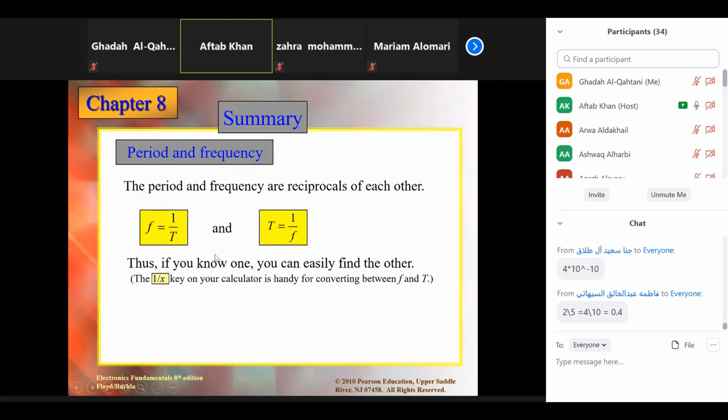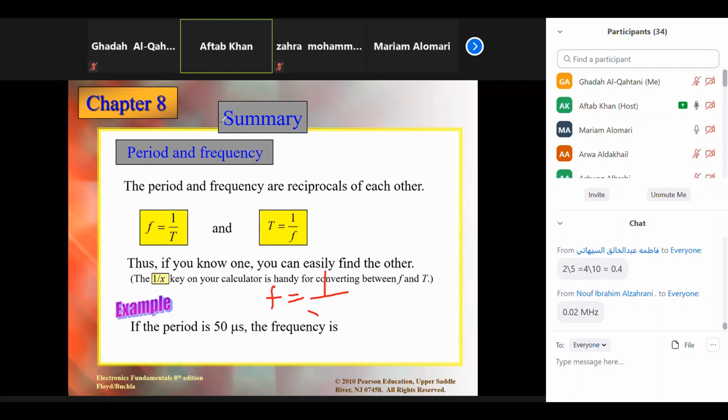You can see here, F is equal to 1 over T, or T is equal to 1 over F. Now, if the period is 50 microsecond, the frequency is, so it's so simple. You can say F is equal to 1 over T, so F is equal to 1 over 50 microsecond.